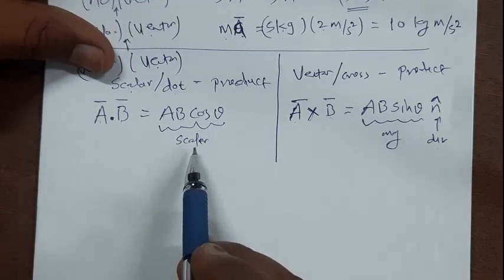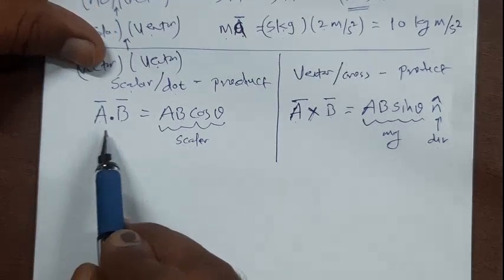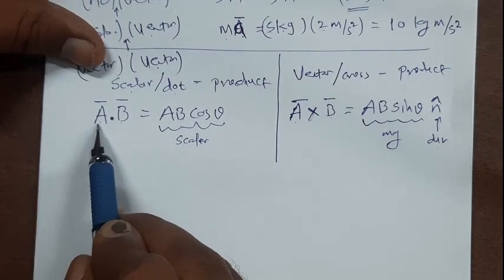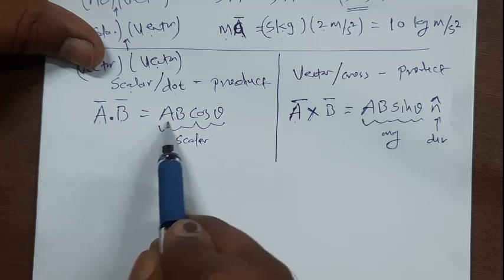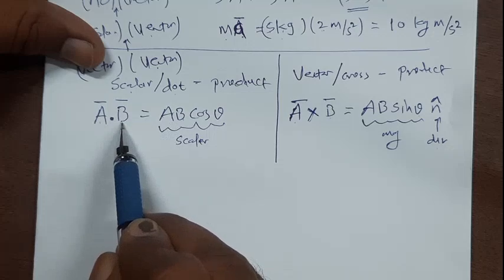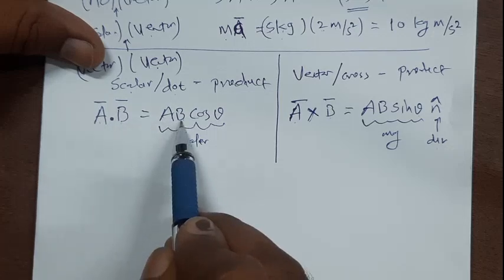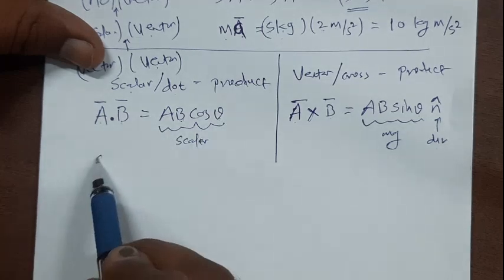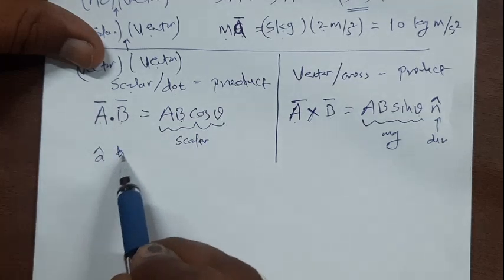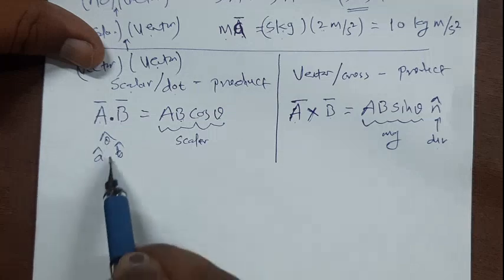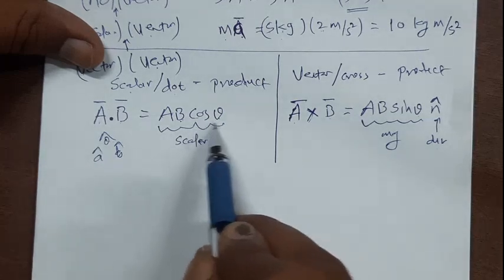Now see, when the vector A bar is represented in magnitude and direction, it is useful because A is used as the magnitude. For B bar, B is the magnitude, and if theta is the angle between A cap and B cap, then we have to take the cos of theta.